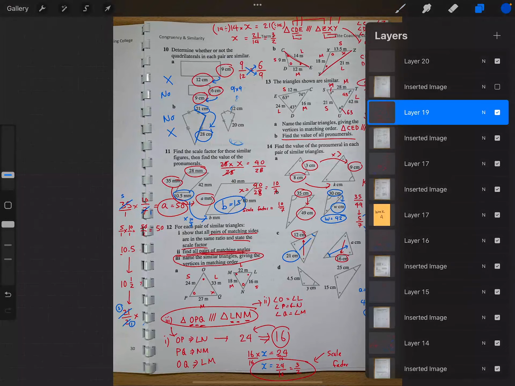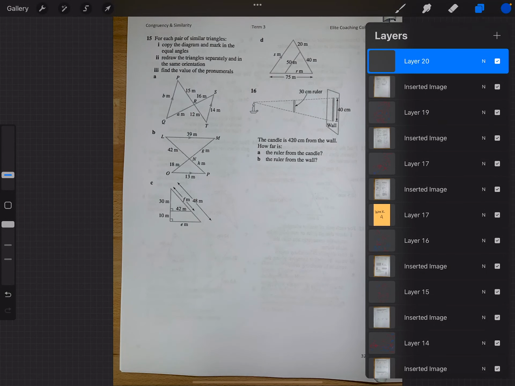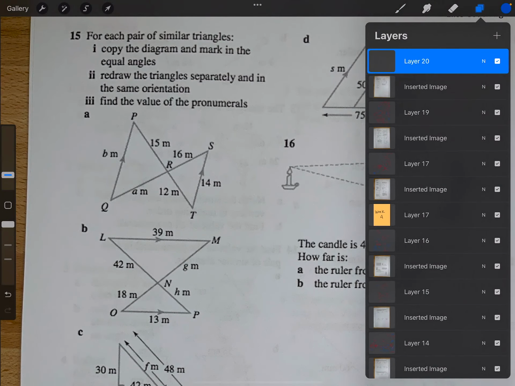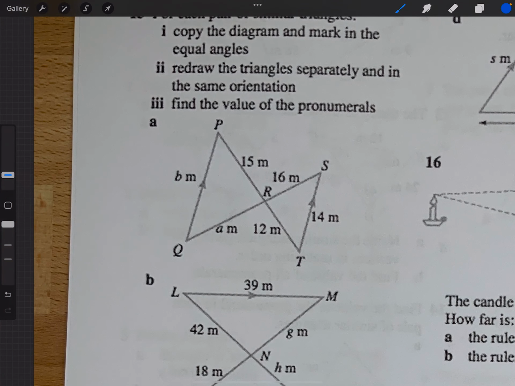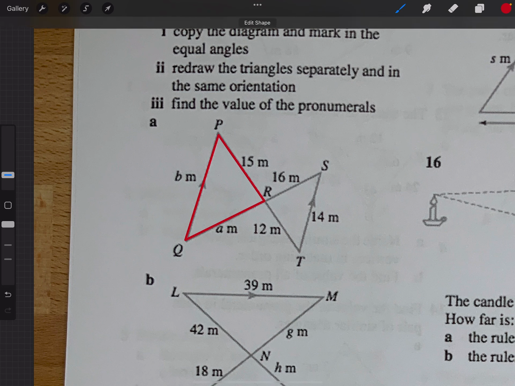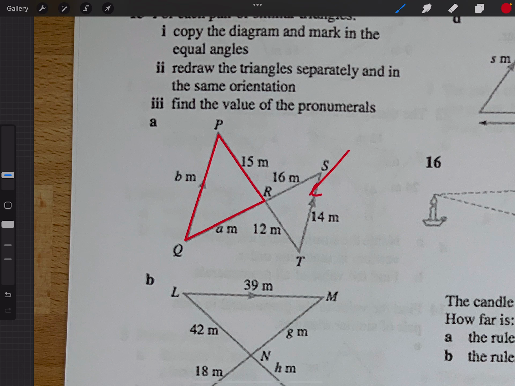Next page. Alright, for each pair of similar triangles, copy the diagram, mark in the equal angles, then redraw the triangles separately and in the same orientation and find the value of the pronumerals. What they want to do here is, we've got a triangle here, and they want to draw this triangle just like the one here in the same orientation.